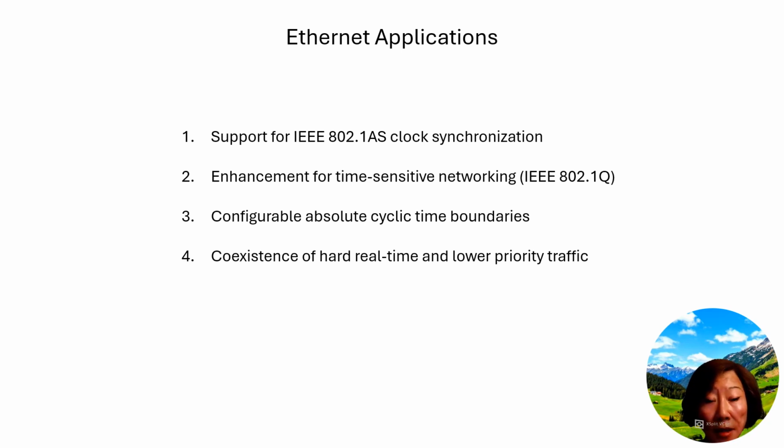To support time-sensitive networking (TSN) features, like those defined in IEEE 802.1Q, 5G systems employ several advanced techniques. One key feature is the use of time-aware scheduling in the radio access network, the RAN, where transmission opportunities are aligned with the TSN schedule.